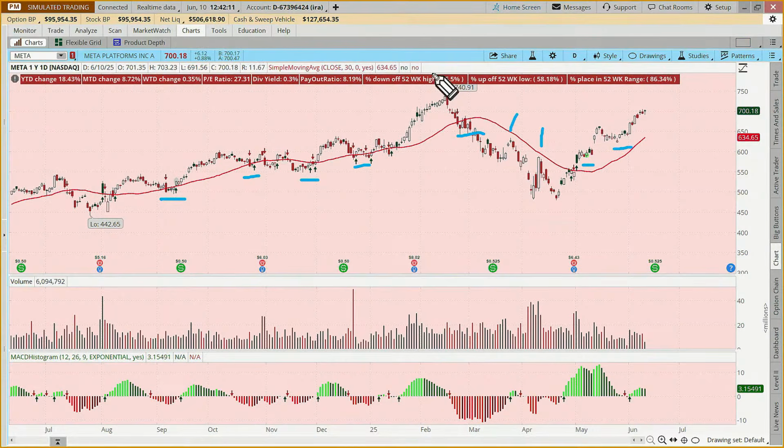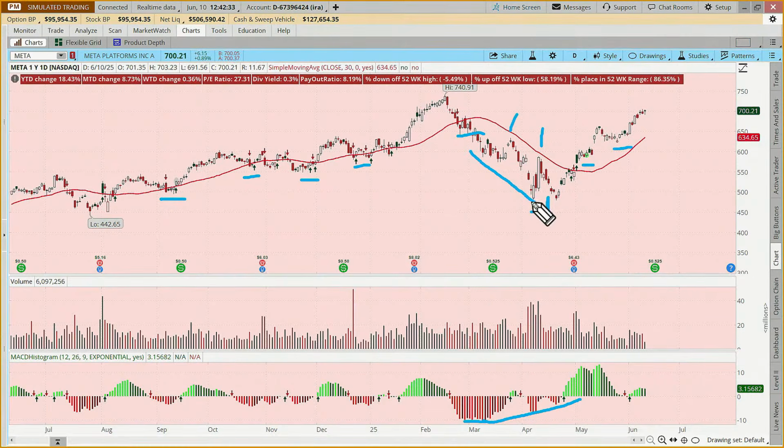And when we look at our MACD, this was kind of uptrending. And then we had this downtrend here, right? Like this is downtrending. But then what do we see happening on the charts? Another divergence.